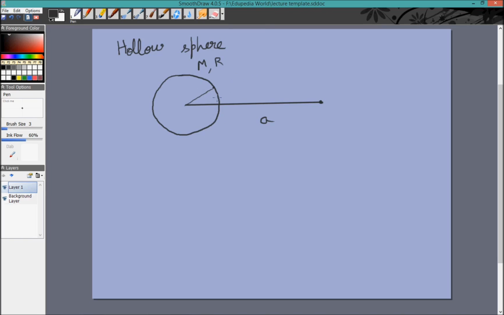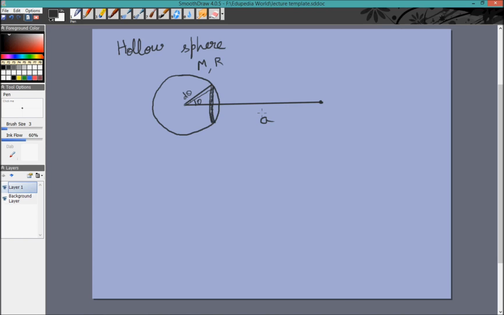So what we need to do is calculate an element's gravitational field, and then integrate it to get the total gravitational field. We could take many different types of elements, but one of the easiest is to take an angle theta and a small angle d theta, and use these to make a circular ring.